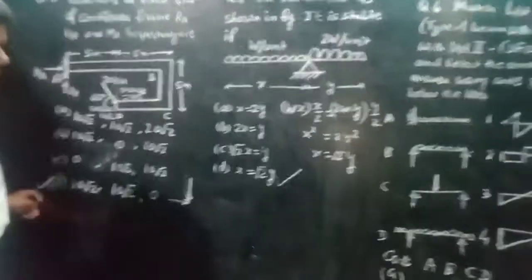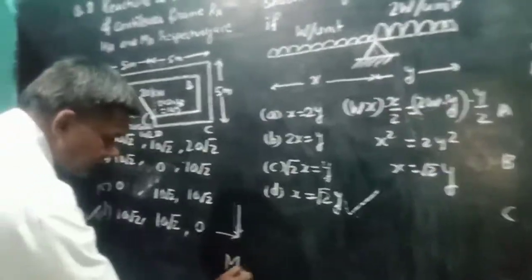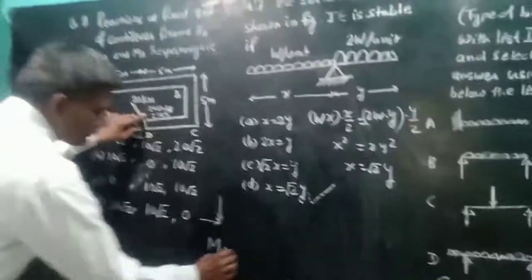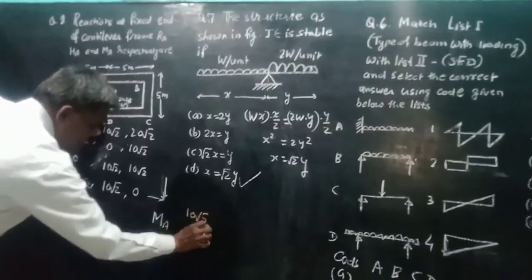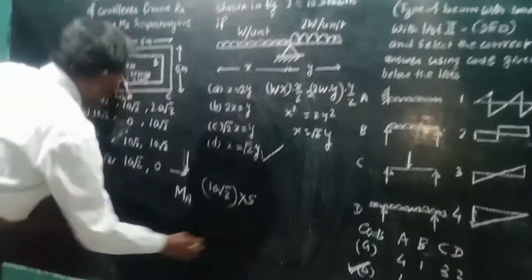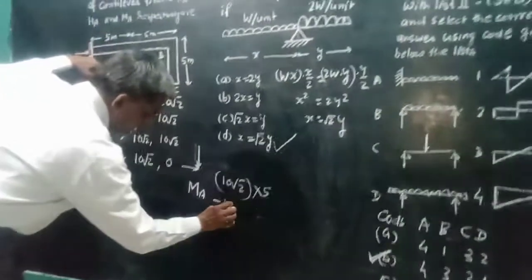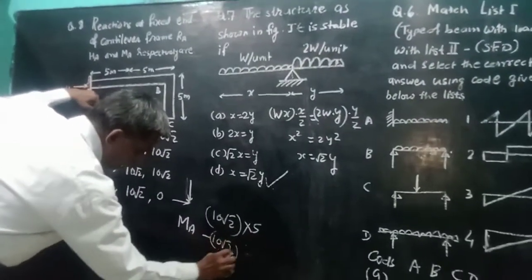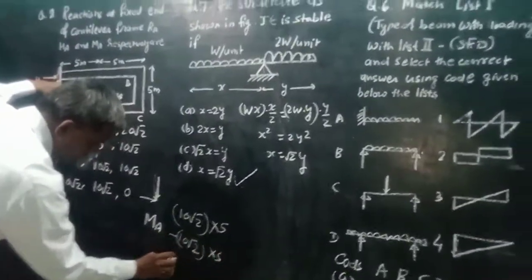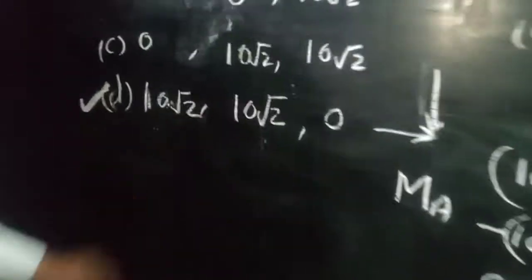The answer to this question is D. So the moment of this force is 10 root 2 multiplied by this distance 5, and moves this side, but the direction of this force is this side, so this is minus 10 root 2 multiplied by 5. Therefore the resultant is equal to 0, so the moment of this force is equal to 0. So D is the correct answer.